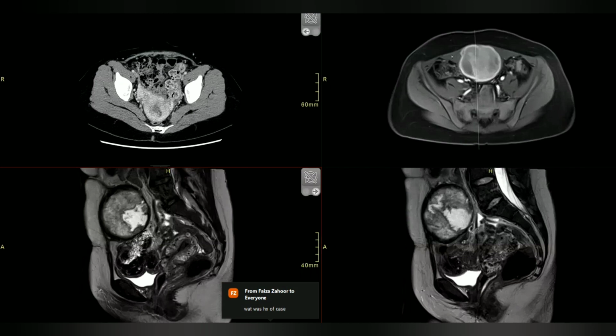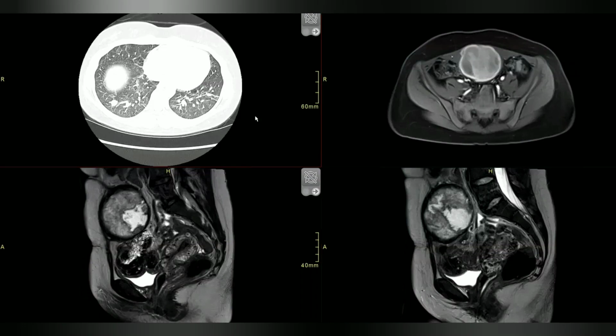Okay, so now tell me, how do you diagnose a choriocarcinoma? Ma'am, on history of the patient, and then definitely a histological diagnosis. Is there a blood test you can do? Yes, ma'am. Serum markers. Ma'am, sorry, I just forgot the name. Beta hCG. Beta hCG, yes, ma'am.